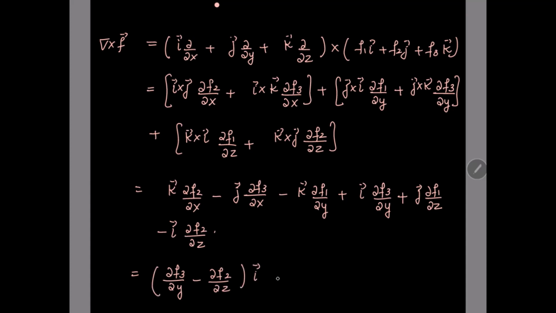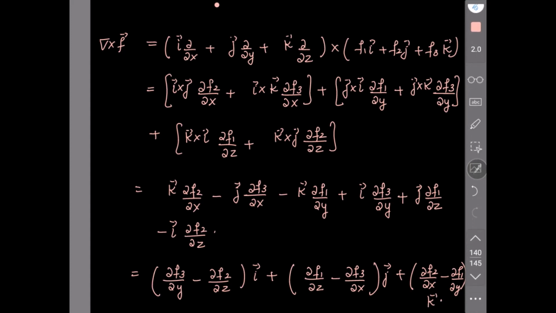Similarly, I take j as common, so this is ∂f1/∂z minus ∂f3/∂x, this is j. Plus taking k common, I'm having ∂f2/∂x minus ∂f1/∂y, this is k.